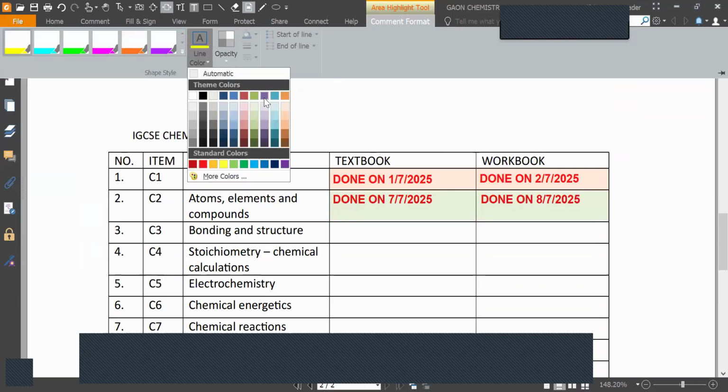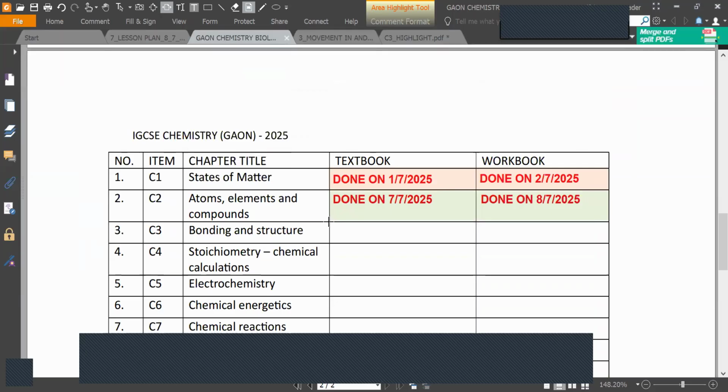Okay, chemistry unit 3. So again, we will start with the textbook. Maybe we don't have enough time to finish all, but we will get started.